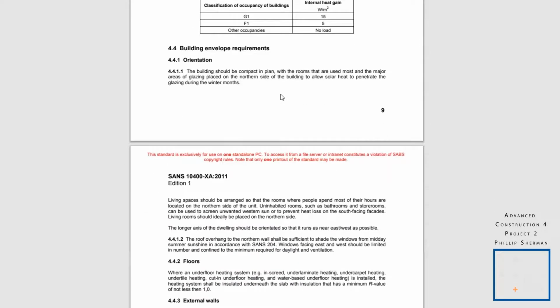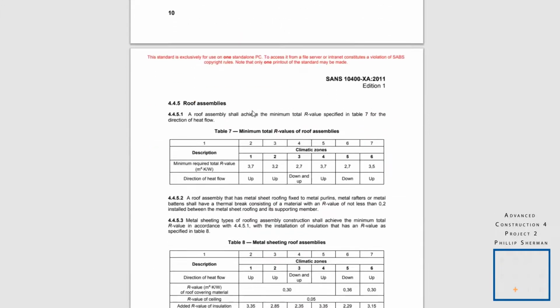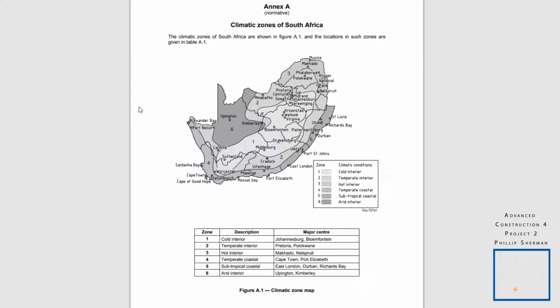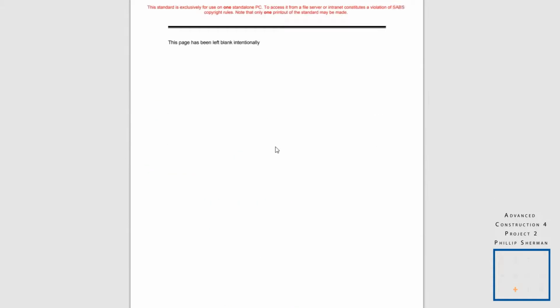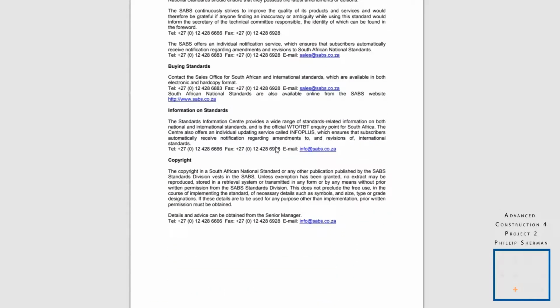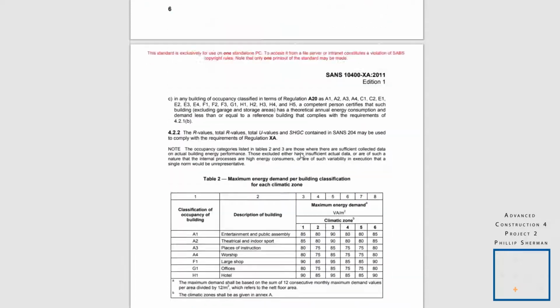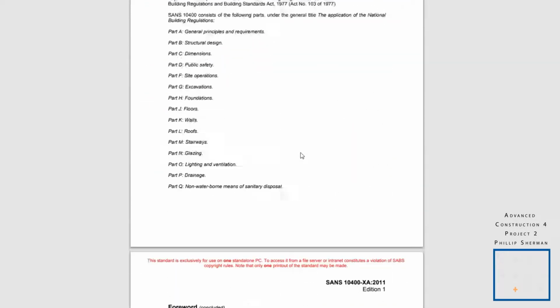All these factors need to be taken into account. Orientation, roof assemblies, your climatic zone graph that indicates in what climatic zone you will sit depending on your site. So 10400 XA is a basic summary of what you need to focus on when it comes to energy regulations.